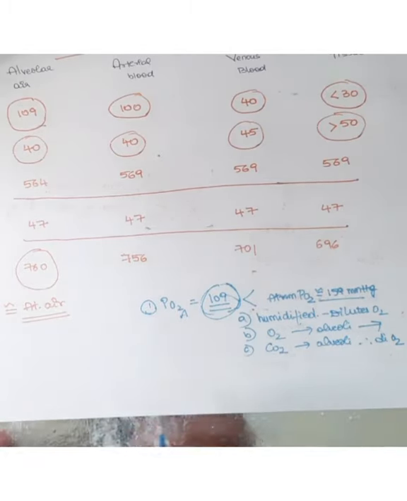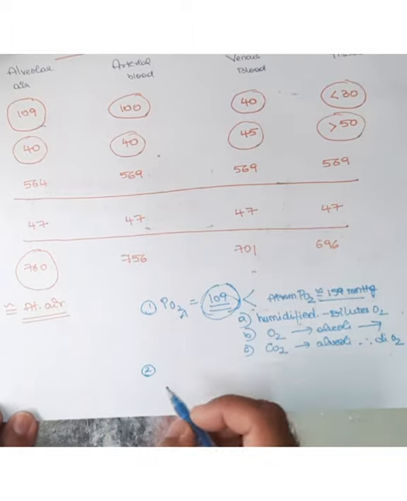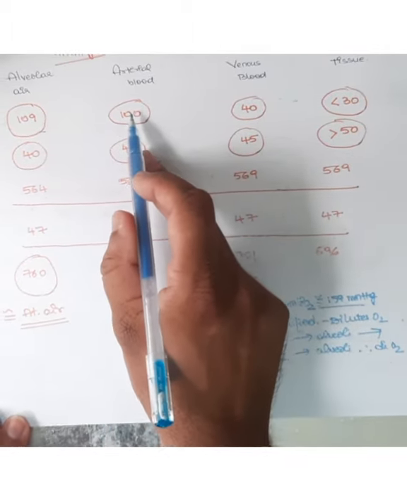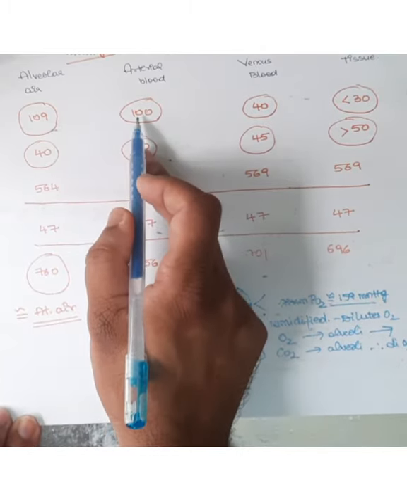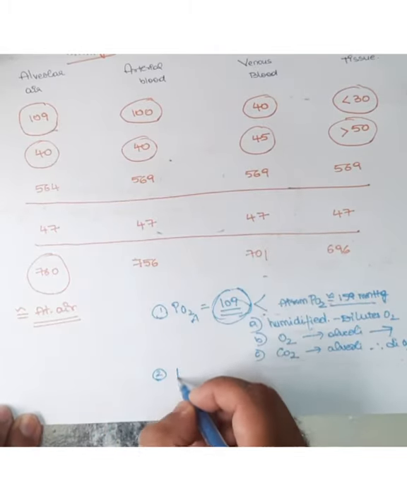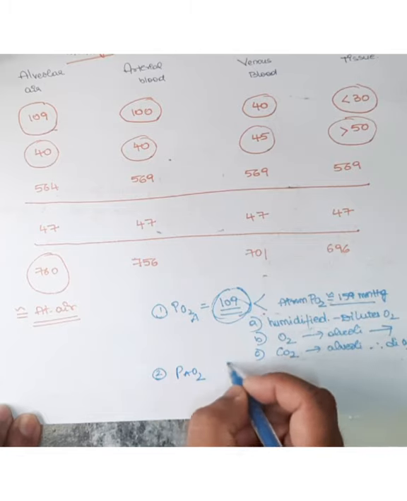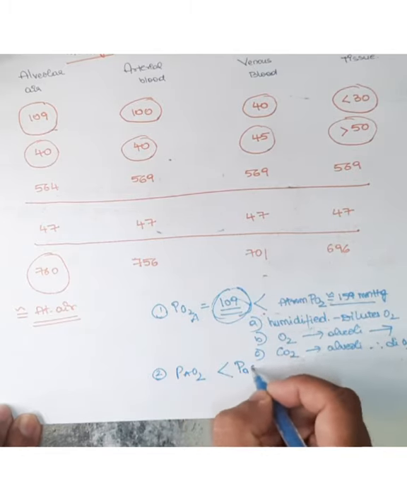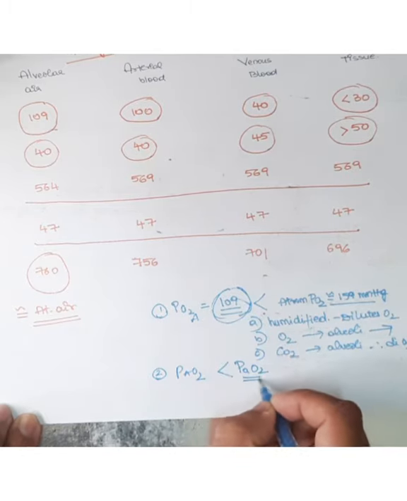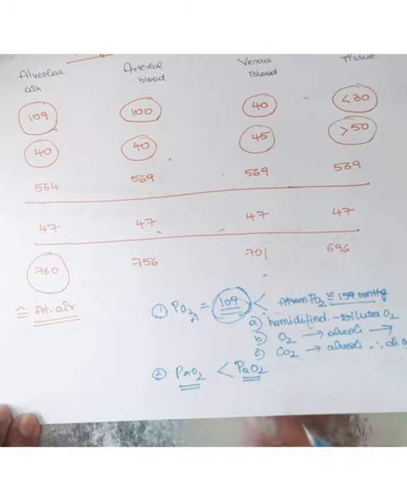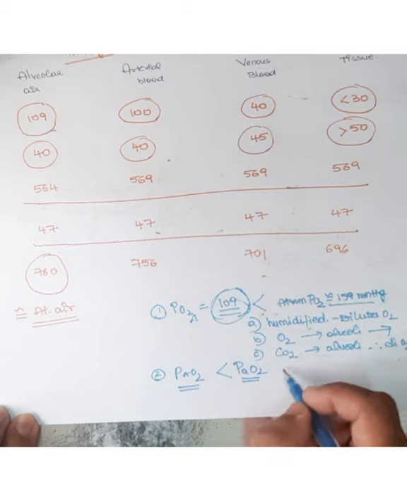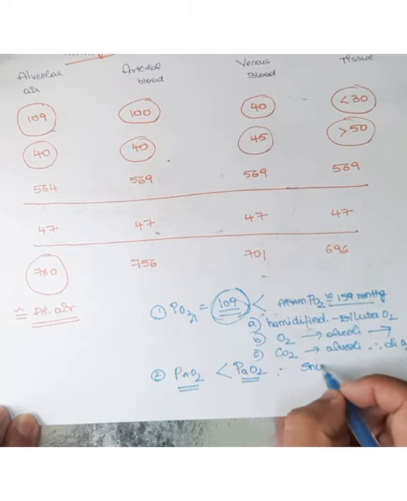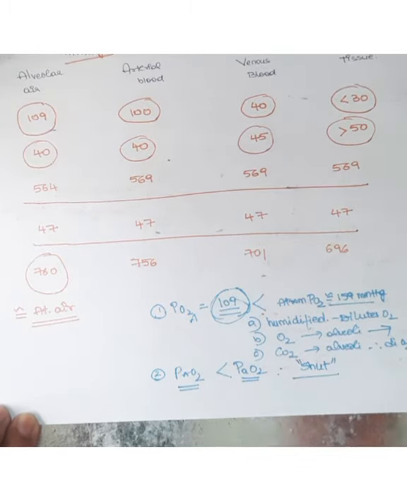And the second peculiarity that could be seen here is that the partial pressure of oxygen in the arterial blood is again decreased compared to the alveolar air. So PaO2 is lesser than PAO2, that is, arterial partial pressure is less than that of the alveolar pressure. So why is it seen? It is seen because of the shunt of the blood.